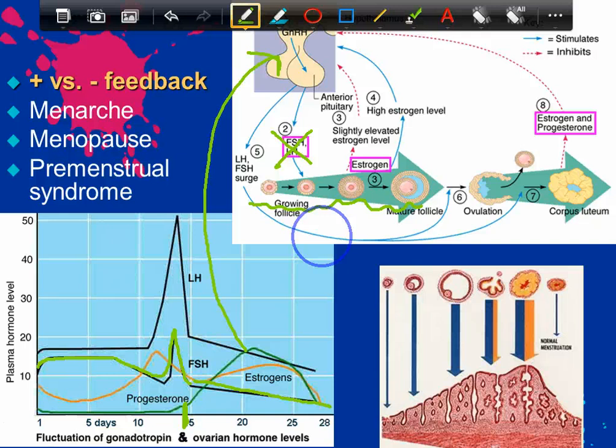But we have our big spike right here, again, somewhere around day 12, day 13. It's the main thing driving ovulation. So there's ovulation right there. And that's where LH is going to get involved. It's actually spiking in level right before that. And then again, it drops down just like FSH does.